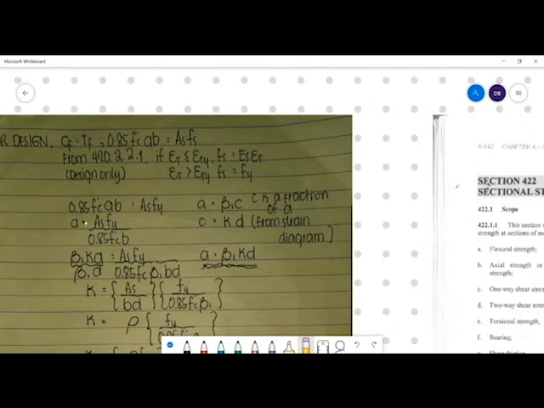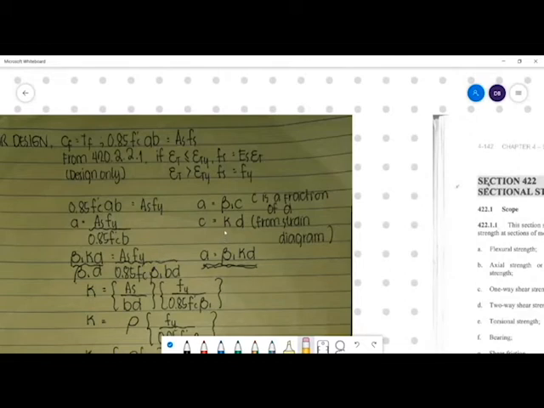So our Fs shall be equal to Fy. So, we are able to derive that 0.85 f'c ab is equal to As Fy. And we found out that a is equal to β1 multiplied by c. And we also know that c is a fraction of d, as we found out earlier when we were deriving formulas.